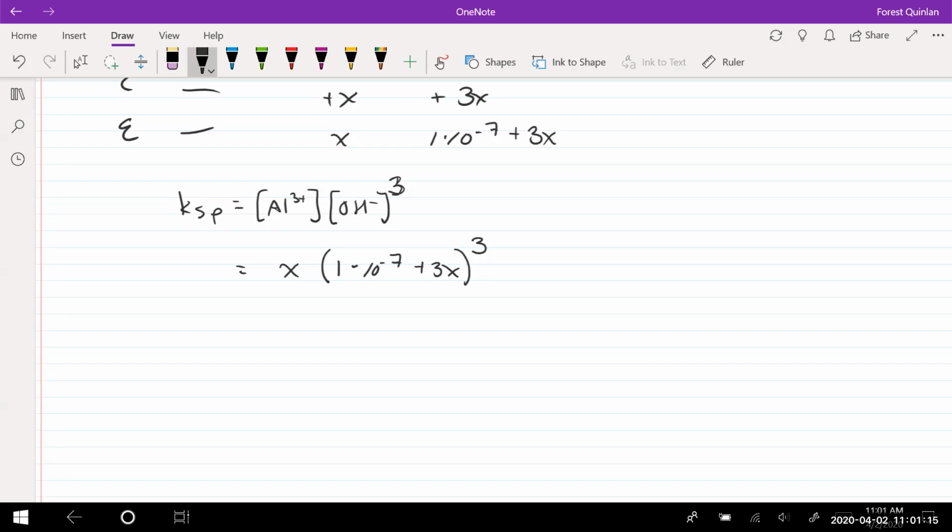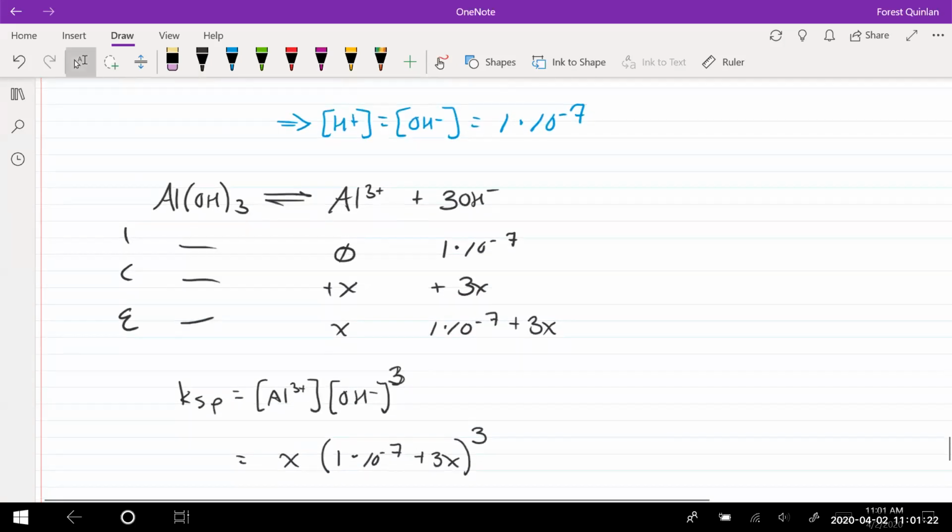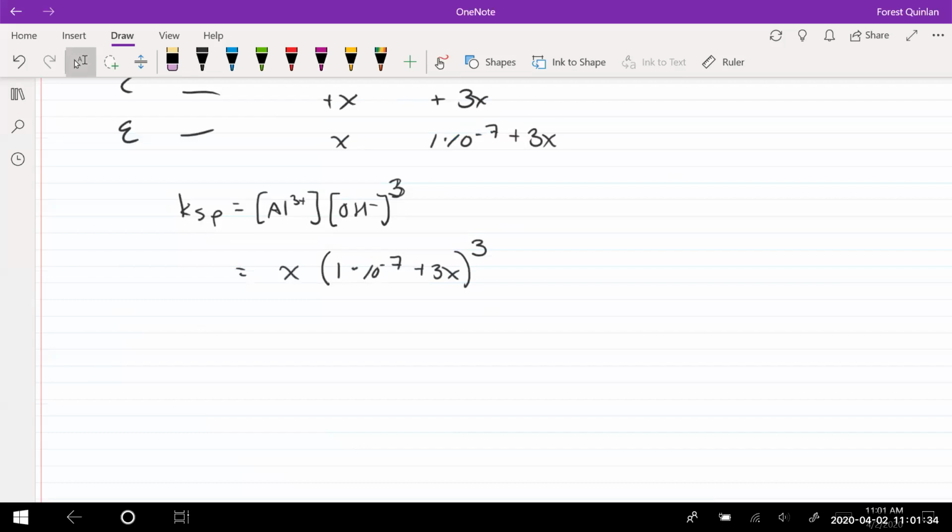And now we all pray that we can neglect x. Well, considering that Ksp was 1.64 times 10 to the negative 33, what do you think? Can we neglect x? Yep.